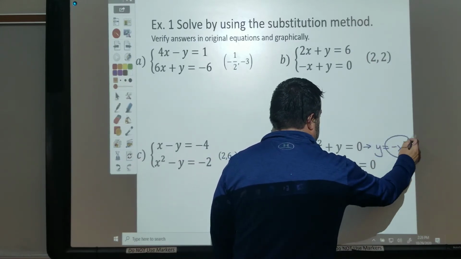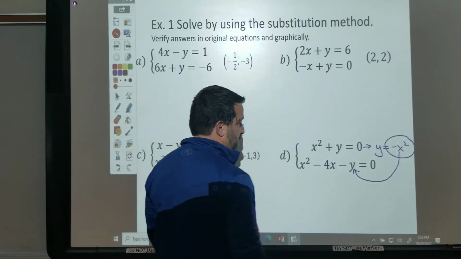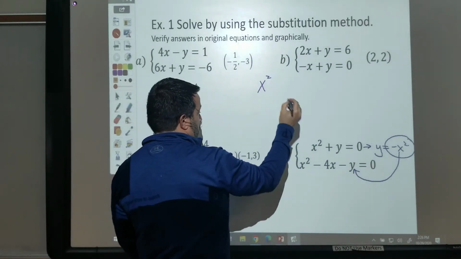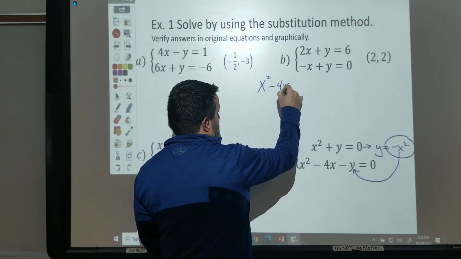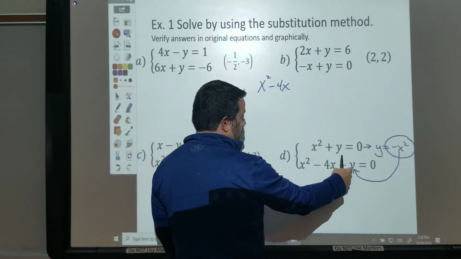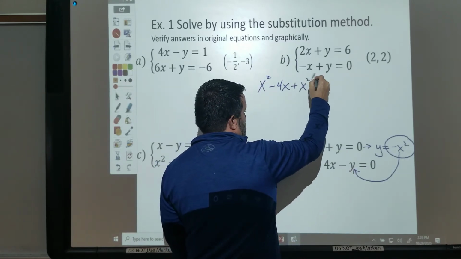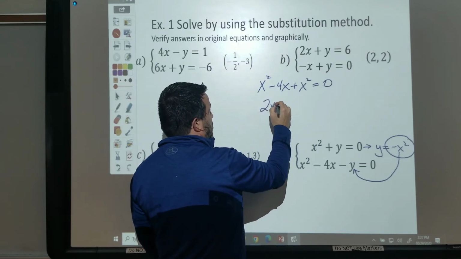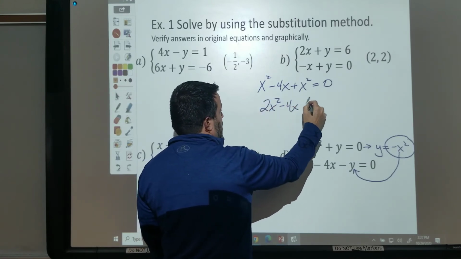And I would put this in the place of y into that equation. And so that equation becomes x squared minus 4x. And then be careful here, it's the opposite of y. Y is -x squared, so the opposite of y would be a positive x squared equals 0. So this is 2x squared minus 4x equals 0.